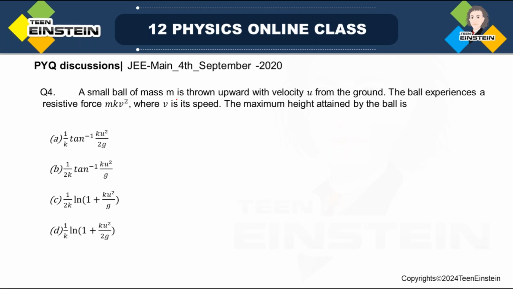A small ball of mass m is thrown upward. So this is thrown upward, small ball, okay. But anyway, it has certain mass m that is given upward with the velocity u from the ground. Okay, this is thrown from the ground.